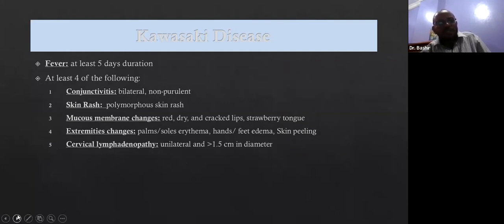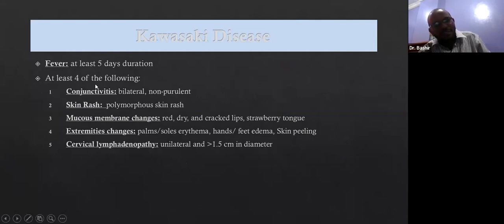As we know, for Kawasaki disease we have criteria. You have to fulfill the criteria. The most constant criterion is the fever. It is fever for at least 5 days duration, and at least 4 of the following criteria.